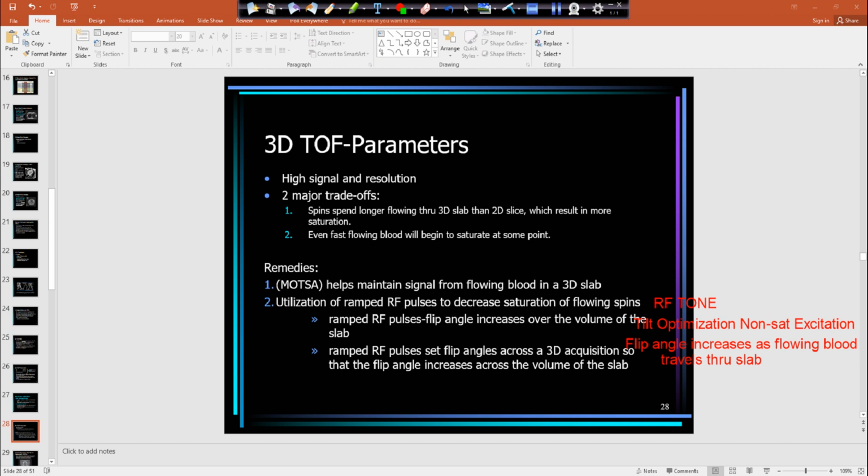So RF TONE also means ramped RF, ramped because you're ramping it up.